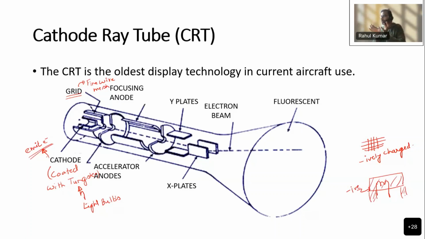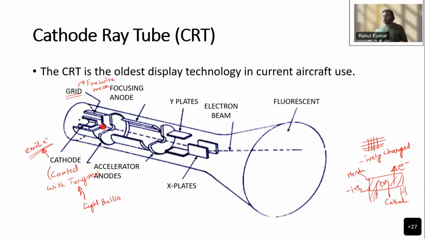So what it will do is repel all the electrons out of this mesh. At this point you will have a beam of electrons coming out of this cathode and grid assembly.